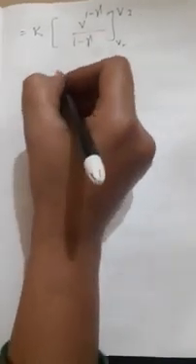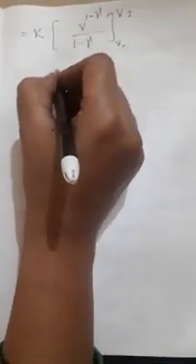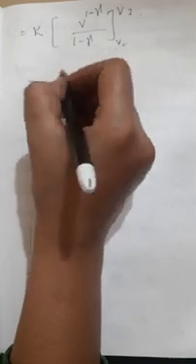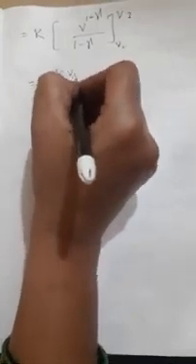Now take this K inside, and substituting the limits also, we get K V3 to the power of 1 minus gamma minus K V2 to the power of 1 minus gamma, divided by 1 minus gamma.